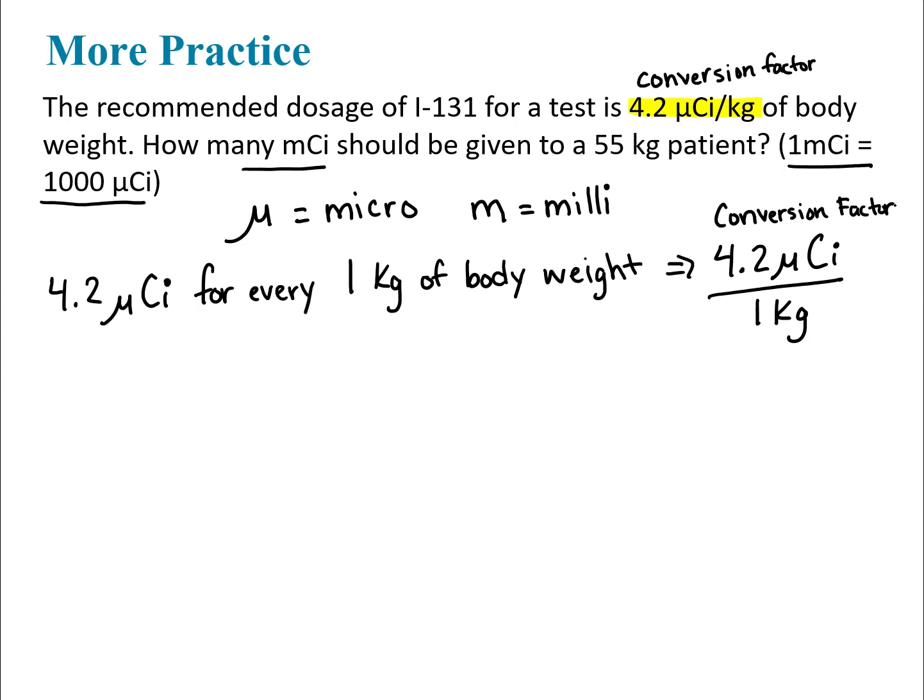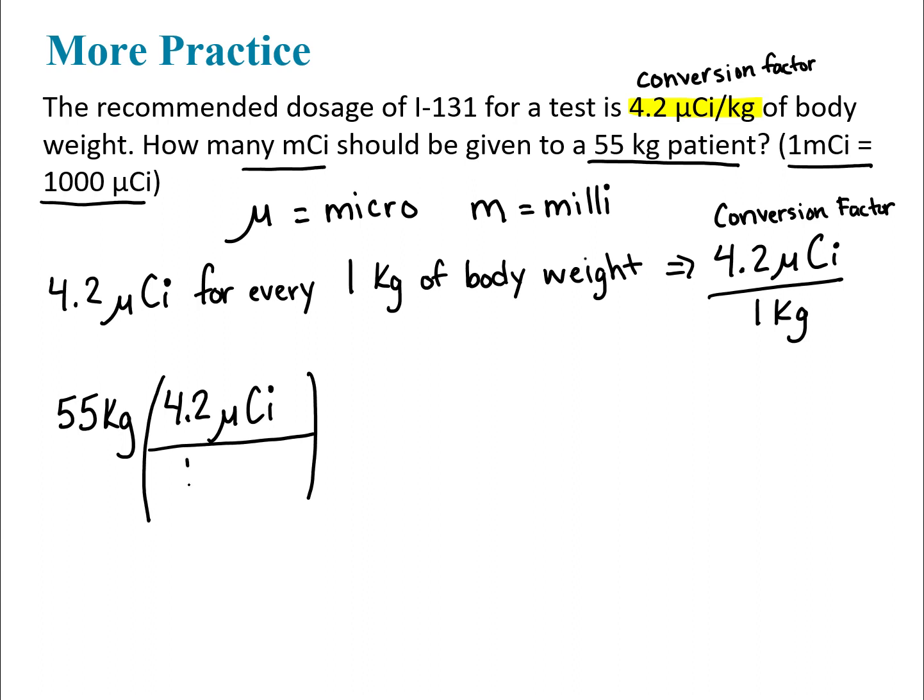We need to go from that to the number of millicuries. The patient's weight is 55 kilograms. We get that from the problem. We use our conversion factor to go from kilograms of body weight to microcuries.